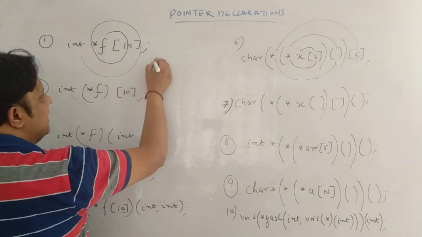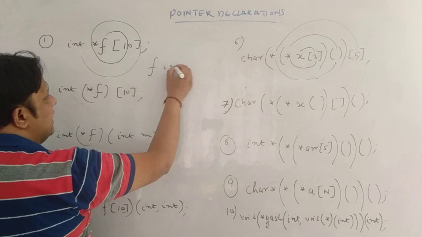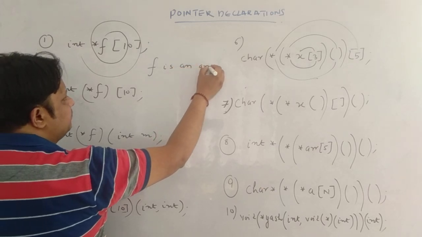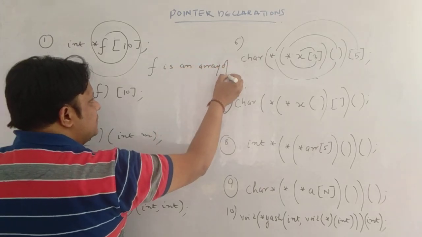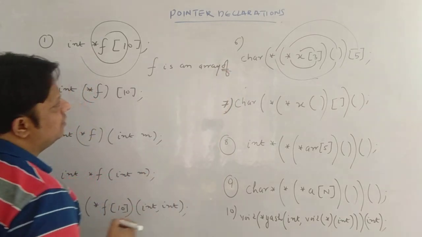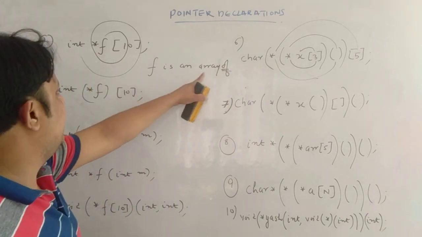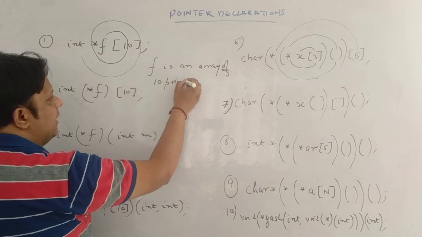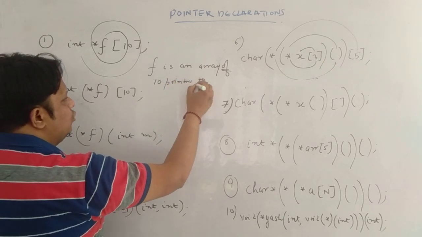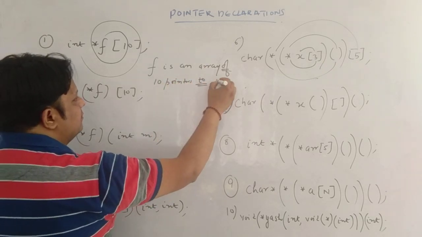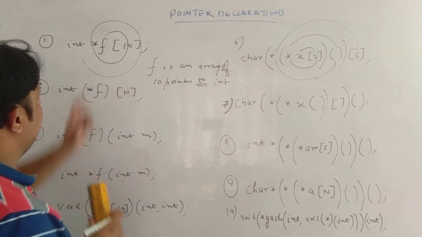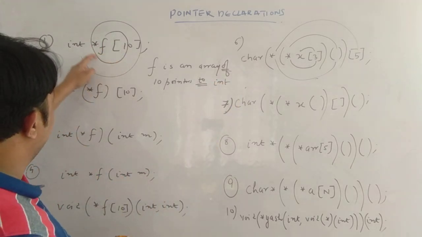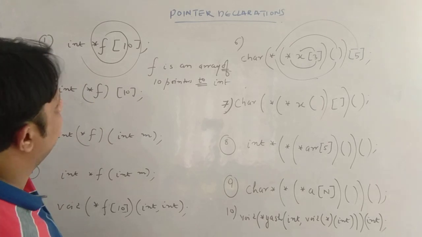So you can write it as: f is an array of, see, with array we are using "of". So f is an array of 10 pointers, and with pointers we are writing "to integer", right? So your f is an array of 10 pointers to integer.